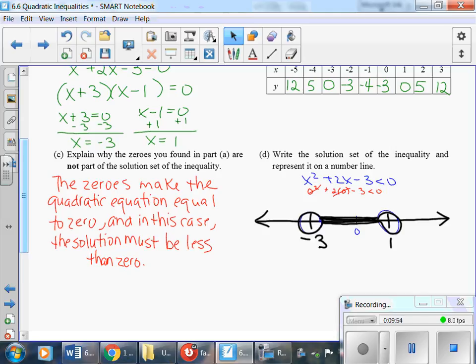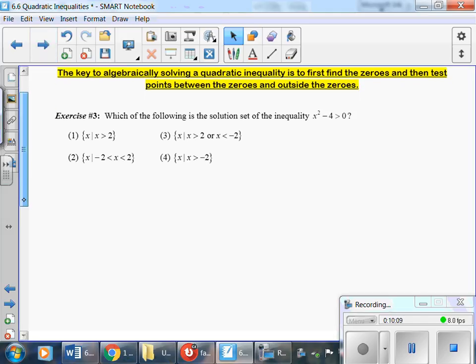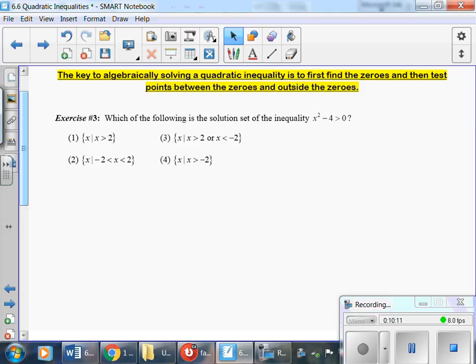It says the key to algebraically solving a quadratic inequality is to first find the zeros and then test the points between the zeros and outside the zeros. Now, personally, I don't think you need to do both, but be careful, because if by chance you make a mistake, it really could cost you, especially on a multiple choice question.